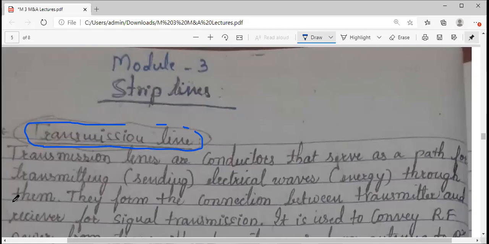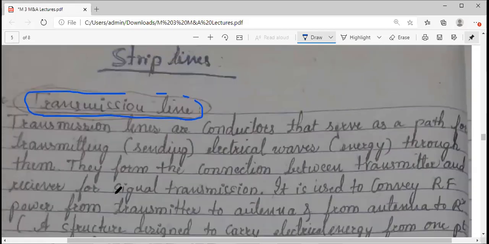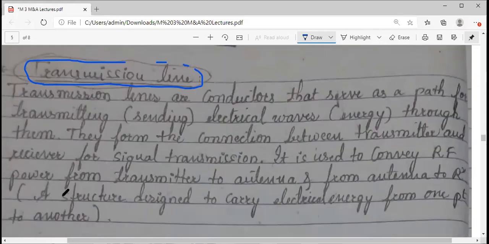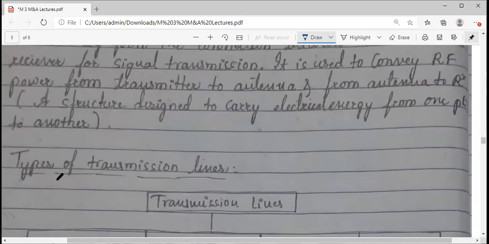That can be one of the definitions. They form the connection between the transmitter and the receiver. Of course, they are the medium for signal transmission. It is used to convey the RF power from the transmitter to the antenna and from the antenna to the receiver. So generally, that is what a transmission line is.